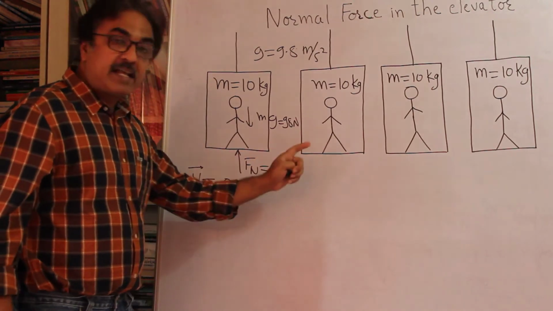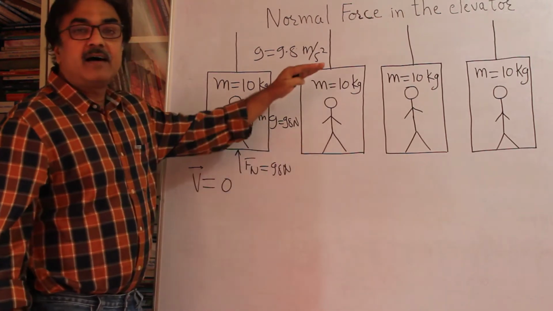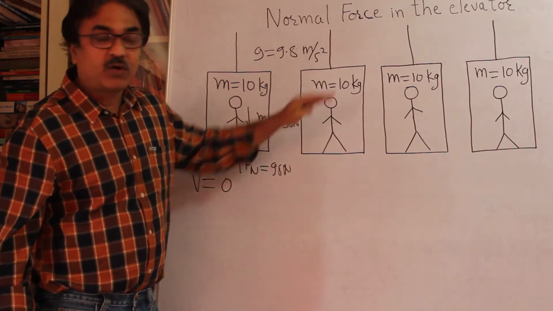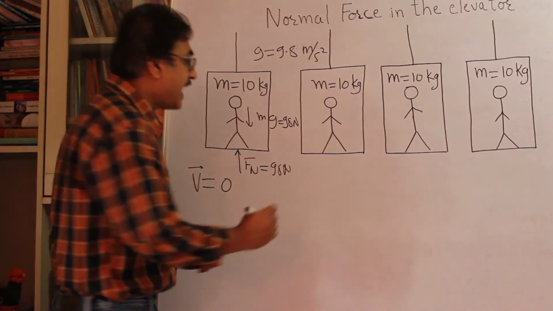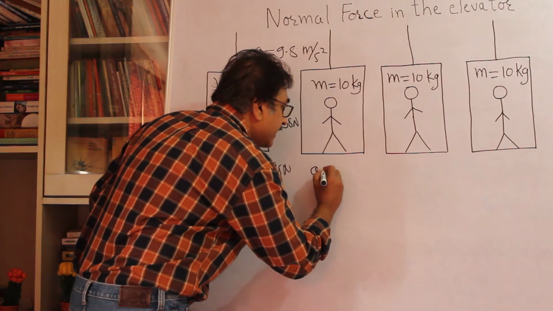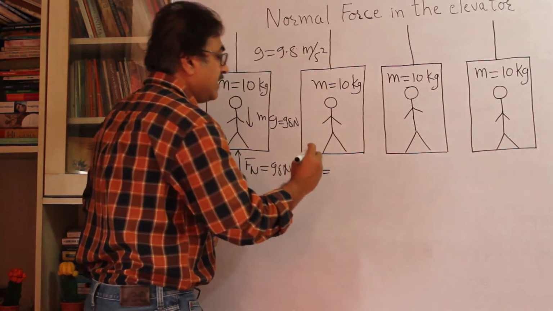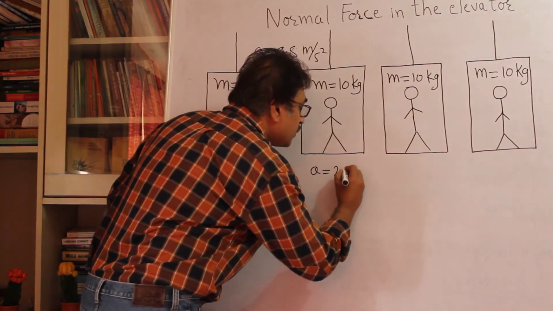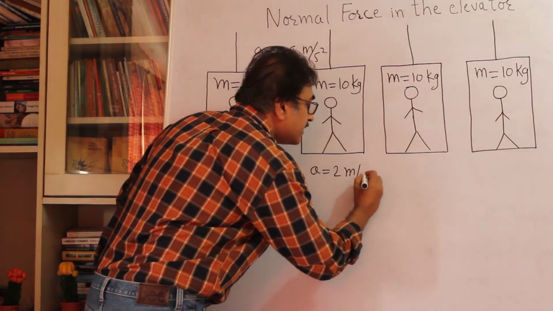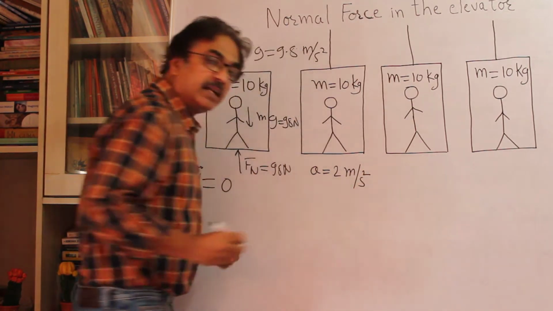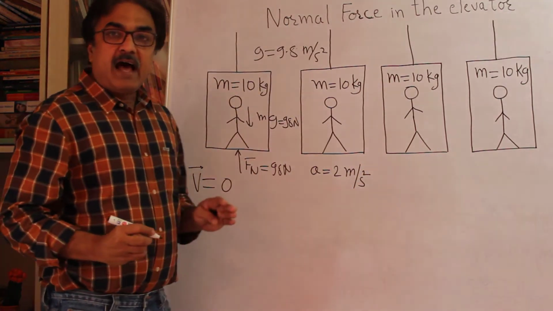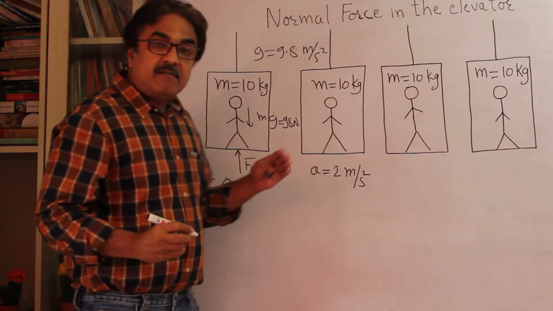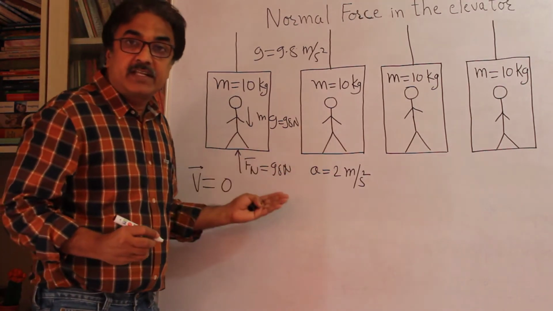In this case, let's assume that the lift is accelerating at the rate of 2 meters per second square. That means velocity is increasing in which direction?